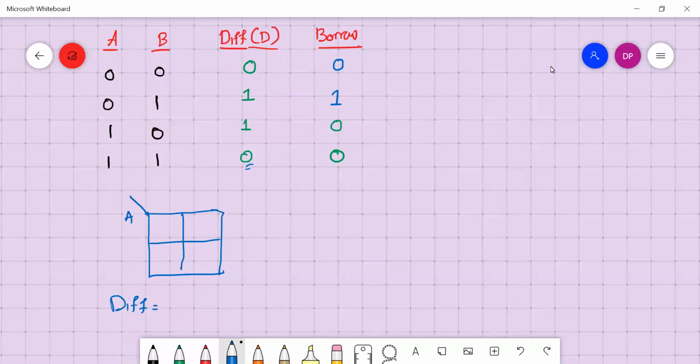This is variable A, this is B, with values 0 and 1. For the difference, where do you have 1? When A is 0, B is 1, you have a 1 here, and you have another 1 when A is 1, B is 0. So what will be the answer for this?